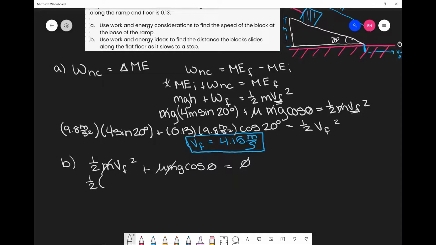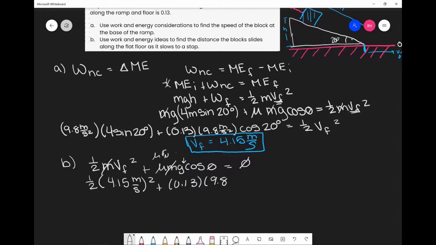I love that. So 1/2, 4.15 meters per second squared plus mu times 9.8. Oh, this is our force, so this should actually be right here. I forgot something. So this is our mu Fn, that's our force.